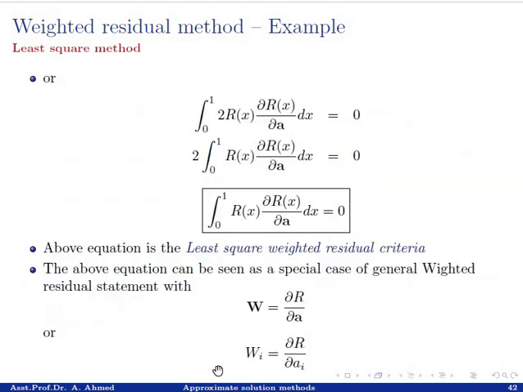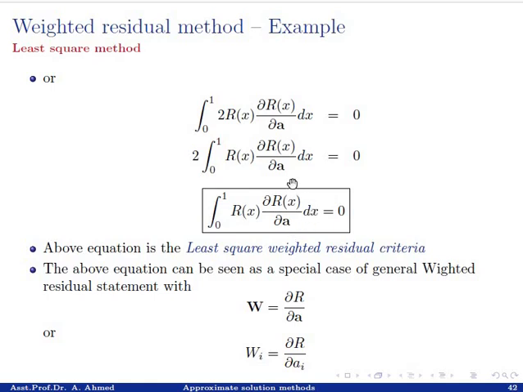If I differentiate this equation, I will get this particular equation, and if I further simplify it, I get the equation that I have to solve. So the above equation is the least square weighted residual criteria. This is the simplified form of the weighted residual equation for the least square method.